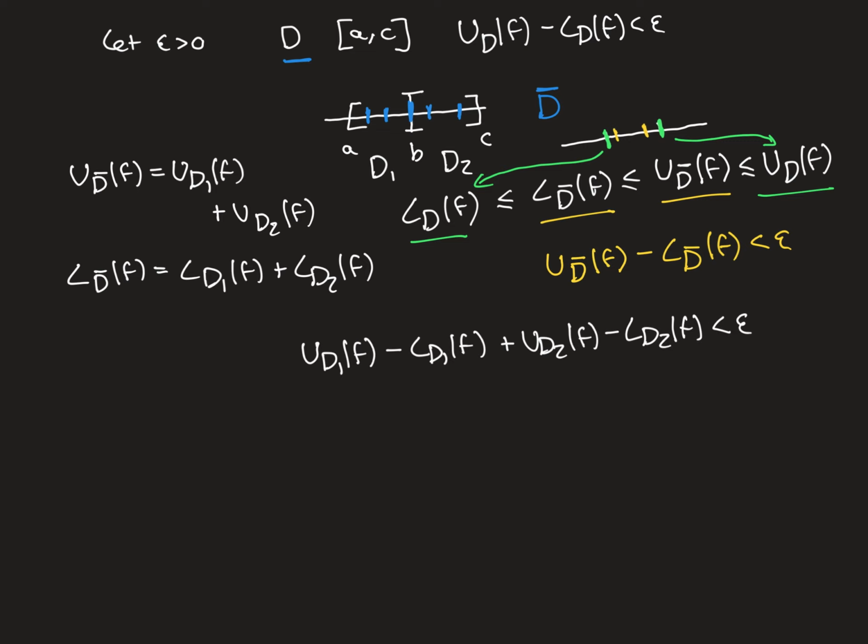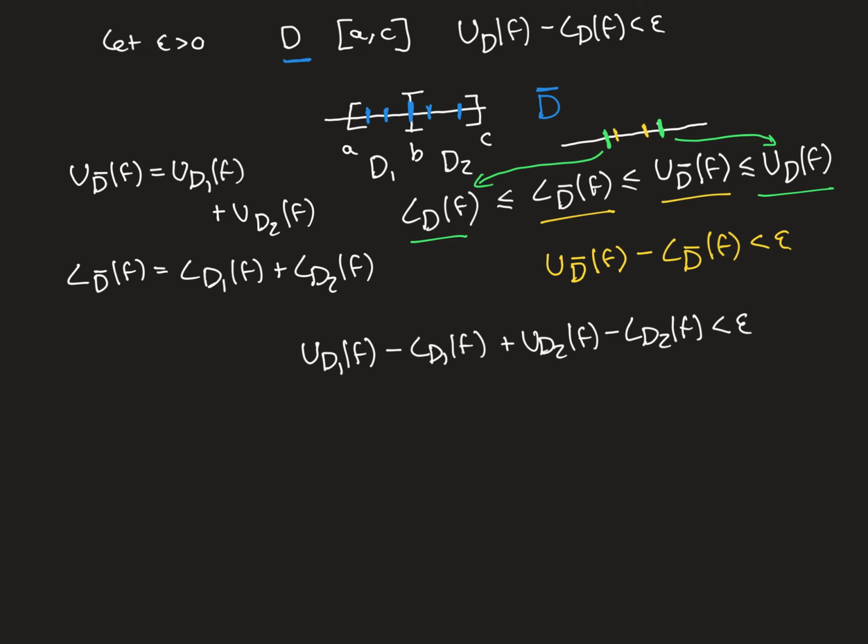So this is the difference between the upper and lower Riemann sums for the function over this interval AB using that dissection D1, and this is the difference between the upper and lower Riemann sums over this interval BC using this dissection D2.